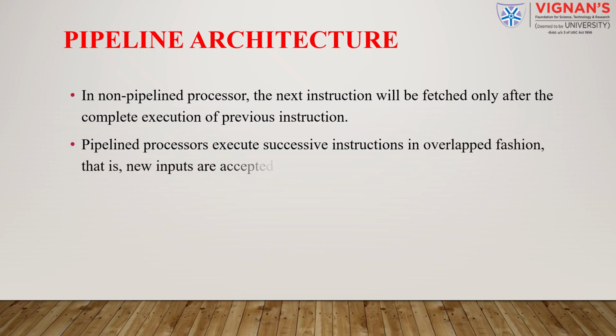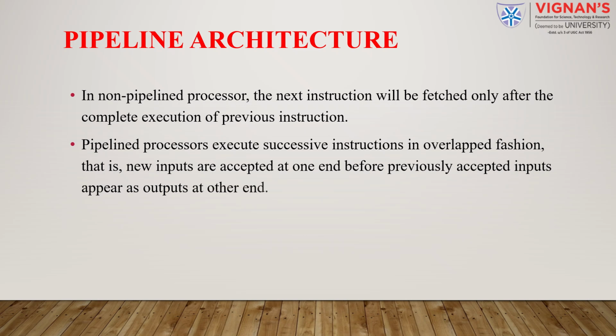This means new inputs are accepted at one end before the previously accepted inputs even appear as outputs at the other end. So, we can say that pipelining makes use of the idle time of the hardware. While the execution unit is busy with the first job, the fetch unit is already grabbing the second job. All these stages are triggered and synchronized by a common clock.